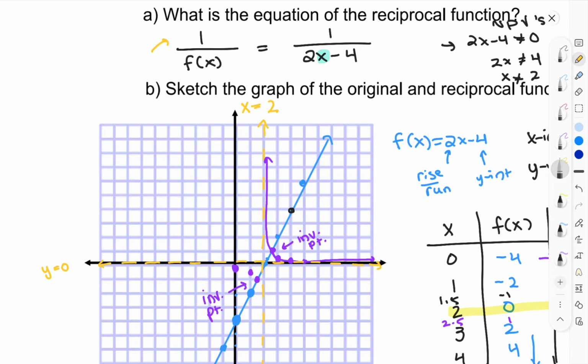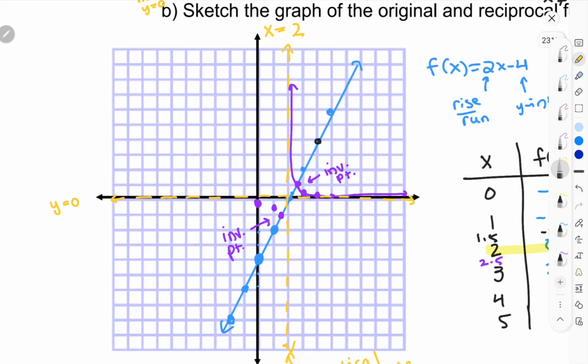And if I can't turn 1 into a 0, which I can't because there are no variables up there, I can never have y equals 0. So I just have another asymptote. This is called a horizontal asymptote.